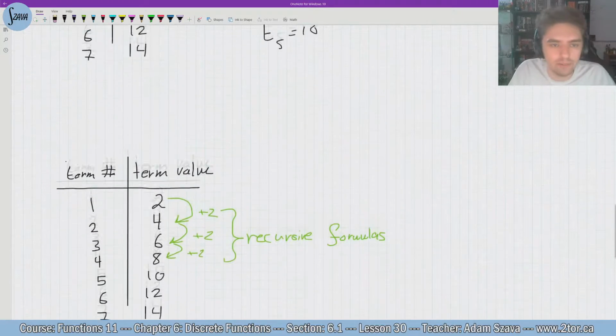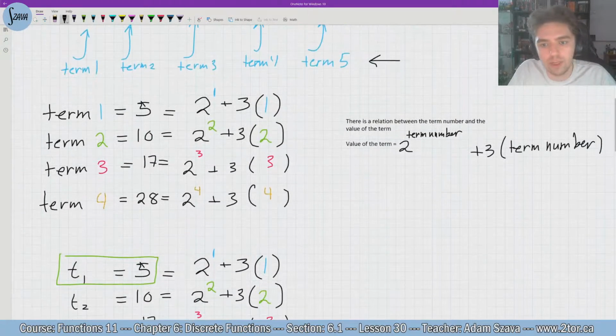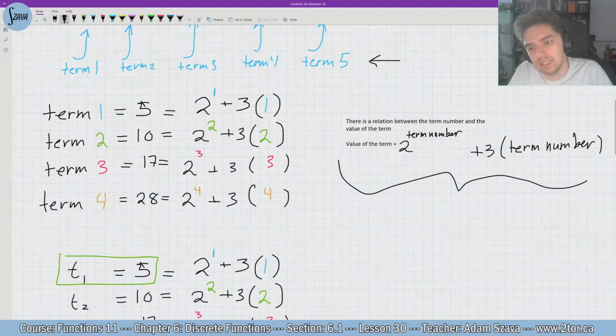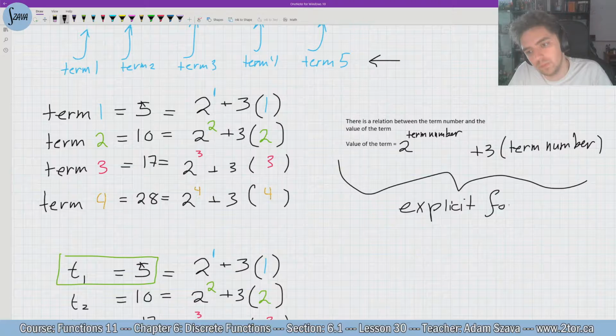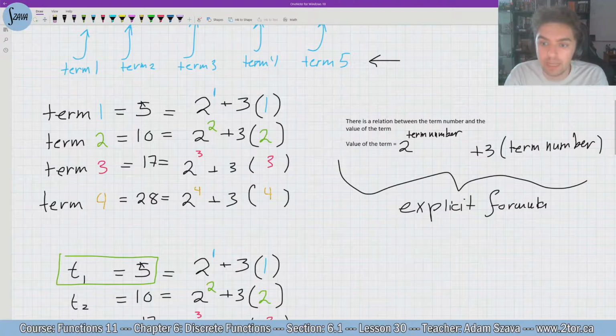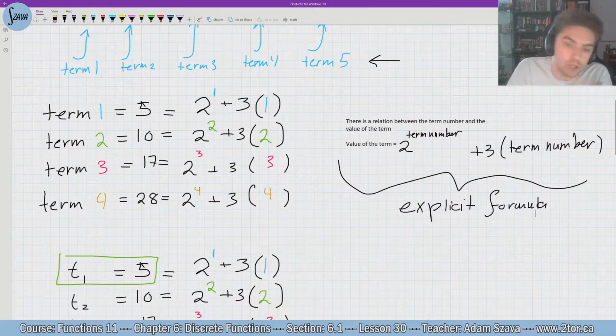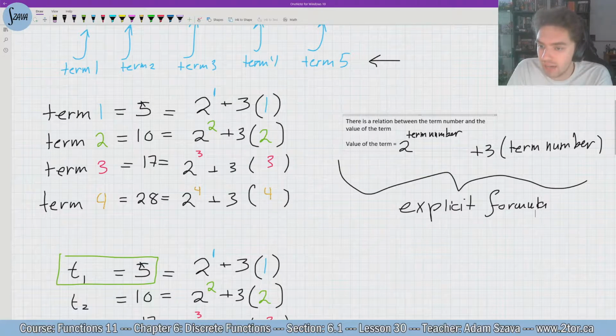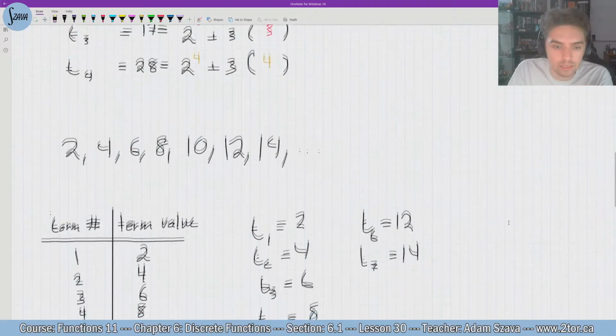So, for example, this is an explicit formula. If I give you term 10, you would do 2 to the power of 10 plus 3 times 10, and that would be the value of term 10.